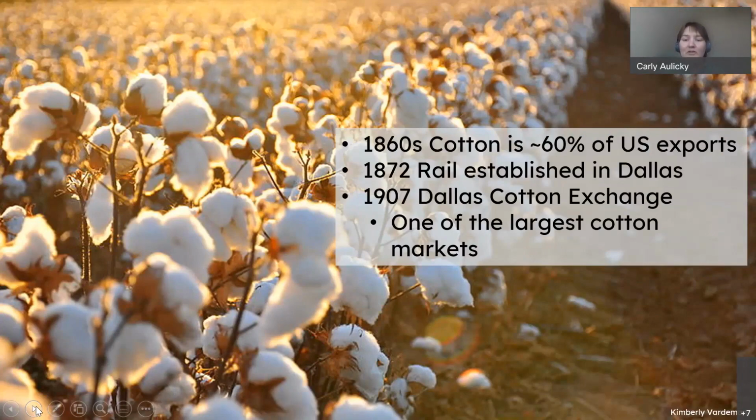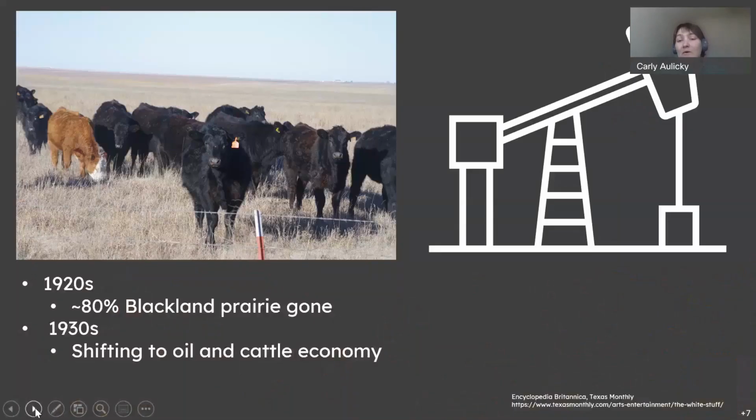And as you can imagine, having one of the largest cotton markets means there's a lot of cotton out in the fields. Ultimately, by the 1920s, it's estimated that 80% of the tallgrass prairie, which is Blackland Prairie type, which I'll touch on in a second, was gone. It's been converted over to row crop, and unfortunately, those prairies are never going to be the same.